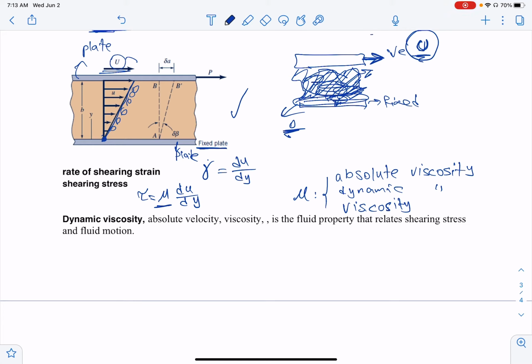We have also another viscosity, which is called kinematic viscosity, which is mu over rho. So just remember that mu we can call viscosity as well, and the unit is going to be different. You can just write down the unit of density and mu to get the unit of the kinematic viscosity.